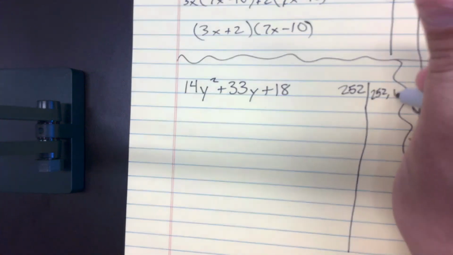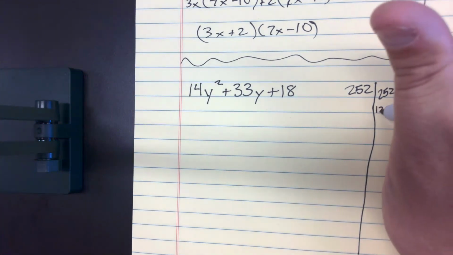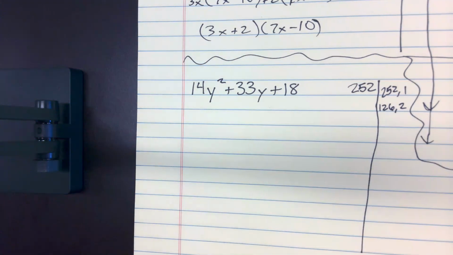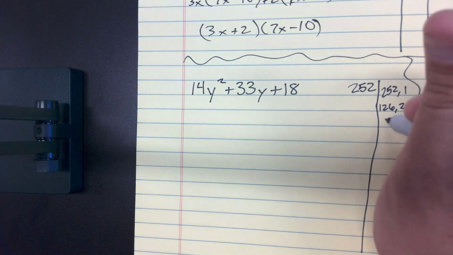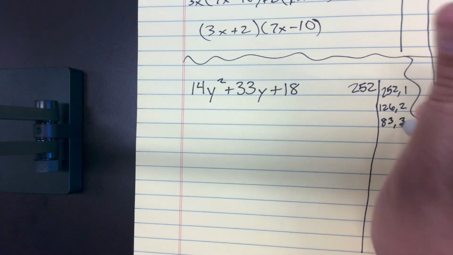Put 252 and 1 at the very top. 126 and 2. I just divided.